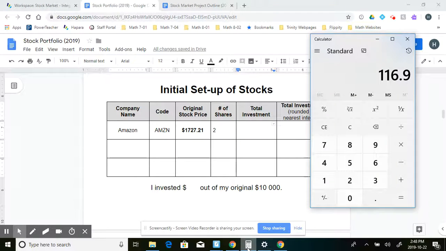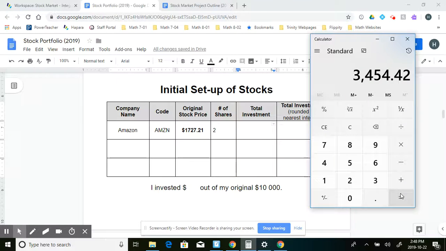We're going to bring up our calculator here just so you can follow along with what calculations I'm doing. I am going to be taking my original stock price and I'm going to multiply that by the number of shares I purchased, which in this case is 2.